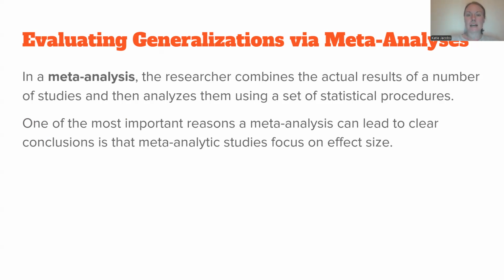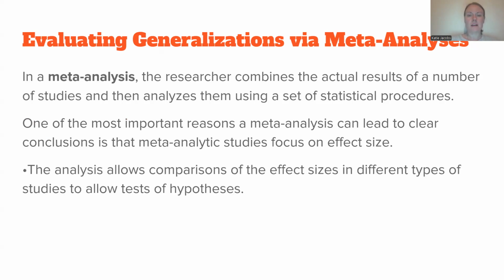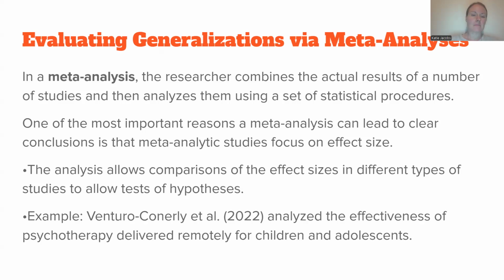If you remember from stats, effect size tells how meaningful our statistically significant results are. And so meta-analyses allow us to compare these effect sizes in different studies so that we can test different types of hypotheses. So for example, Venturo Connerly et al. in 2022 analyzed the effectiveness of psychotherapy delivered remotely for children and adolescents.